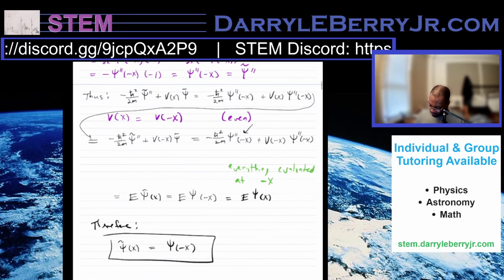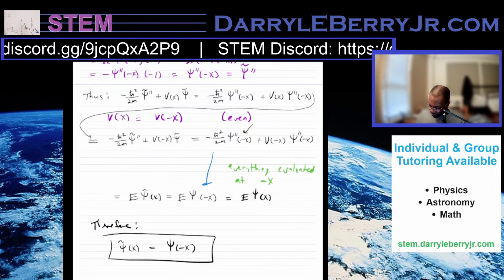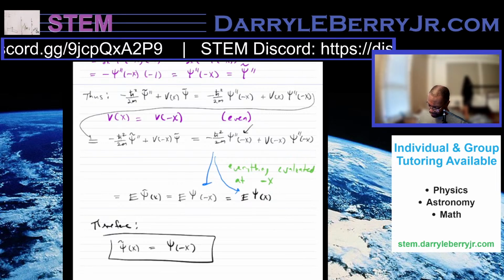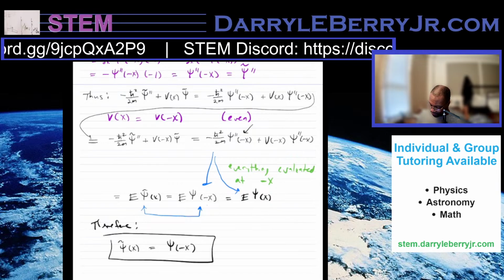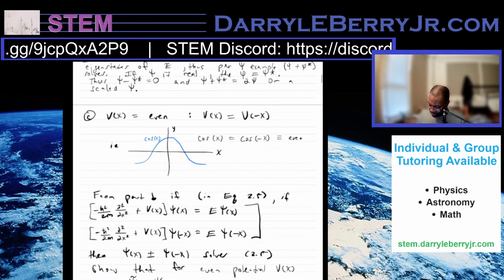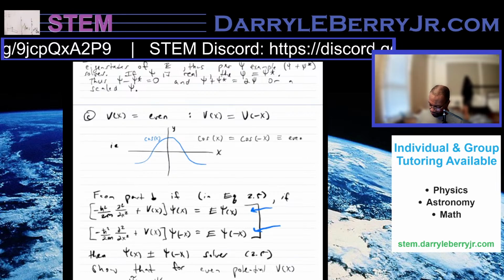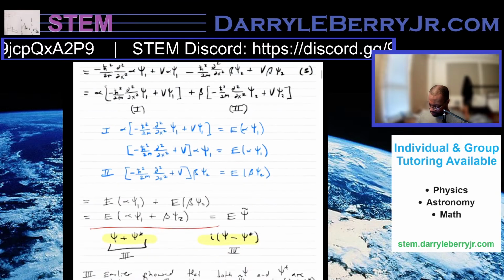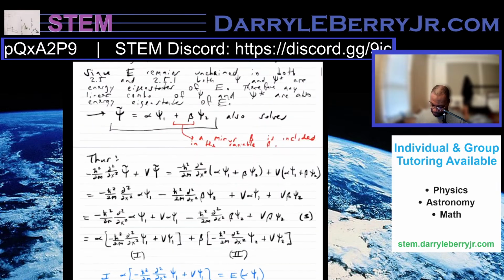And now we know that it equals that with the same E, and it equals that with no negative on the x. So basically this equals this because I defined it that way. This equals that because we proved that earlier with part B. In part B, we know that if it gives us the same energy eigenvalue, then we can sort of interchange them. We showed that here with these equations.